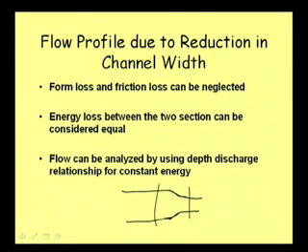Once we neglect this friction loss, and the form loss can also be considered neglected if it is smoothly changing, then the energy at this upstream section, say E1, and the energy at E2 can be considered to be equal. That is, the energy loss between this upstream and downstream section is negligible.